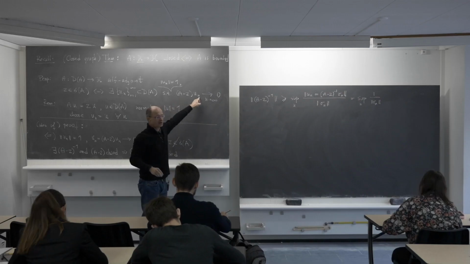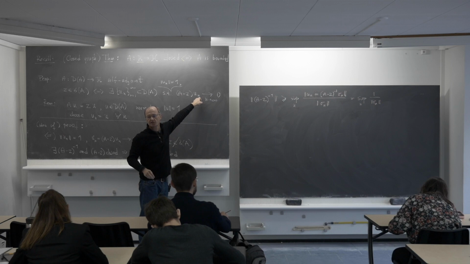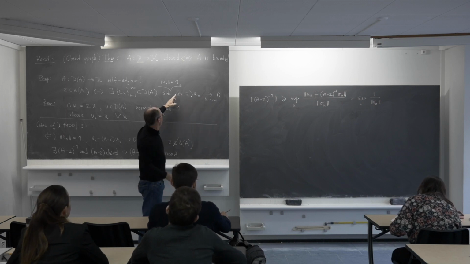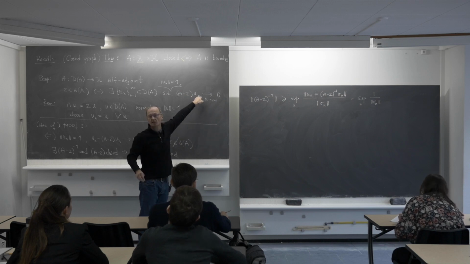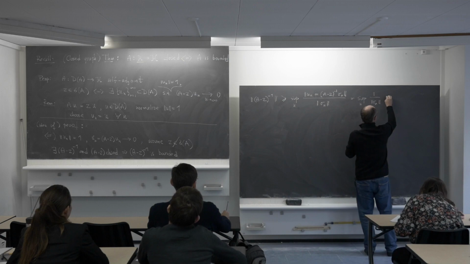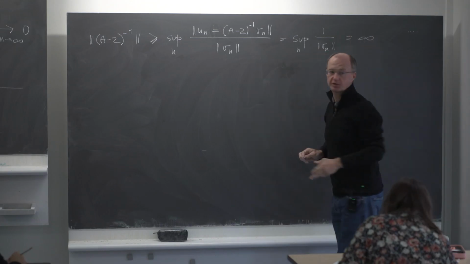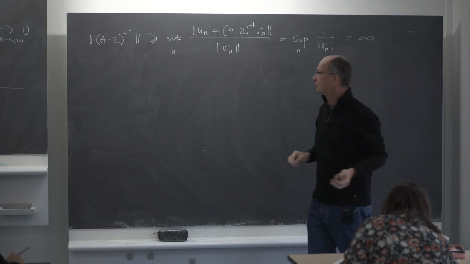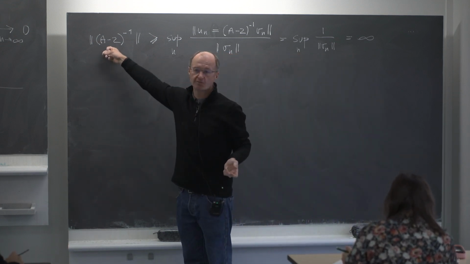But the norm of v_n tends to 0, according to our assumption, since v_n is (A minus Z)u_n. So this converges to 0. So this supremum is simply infinite. So this guy is clearly unbounded.